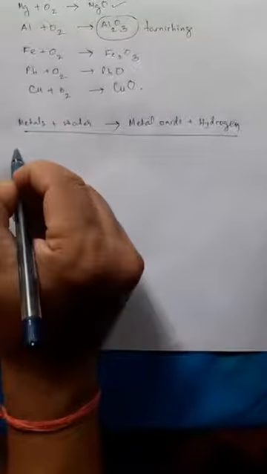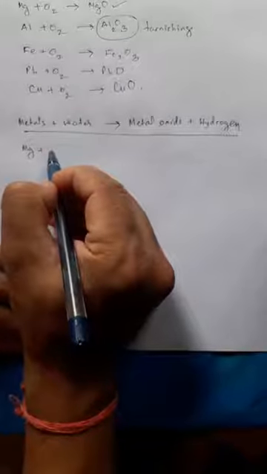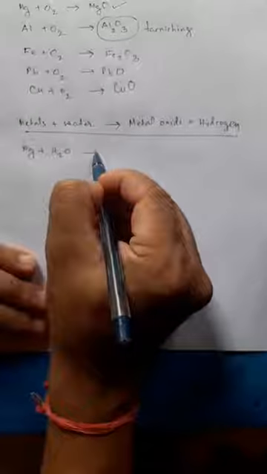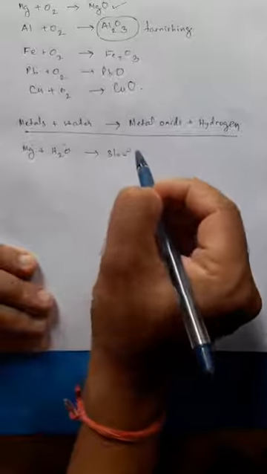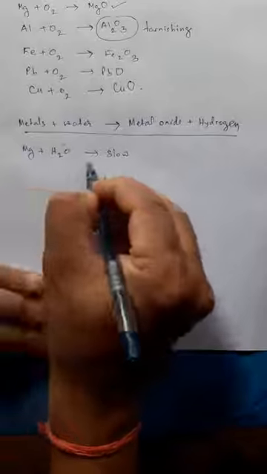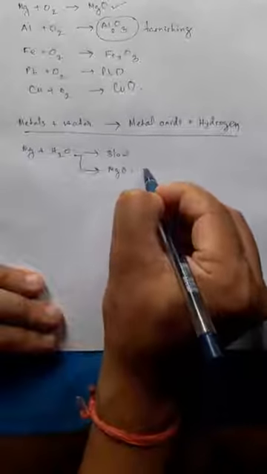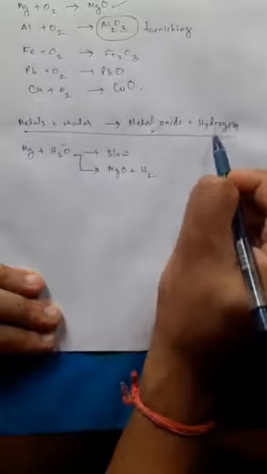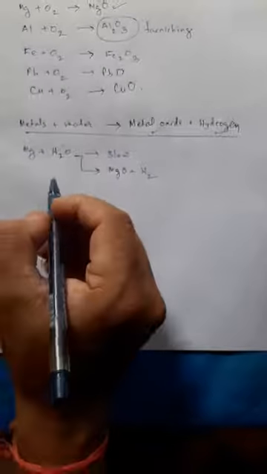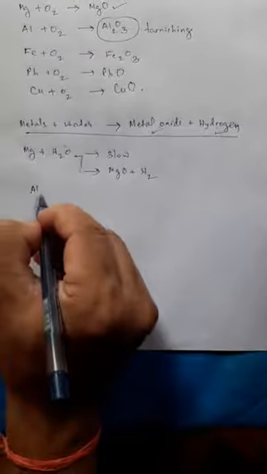Likewise, magnesium will have a very slow reaction. It will react very slowly. What will we get here? Magnesium oxide and hydrogen. Metal oxide and hydrogen. Aluminum will react with hot steam, that means hot water, to give you aluminum oxide and hydrogen.